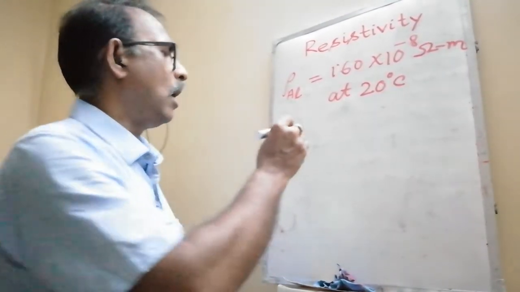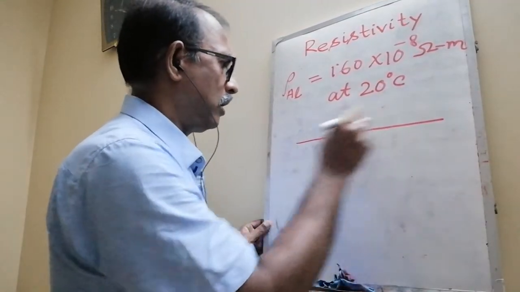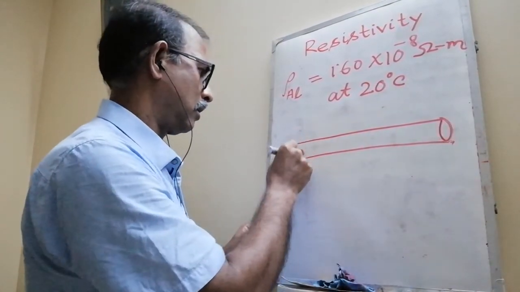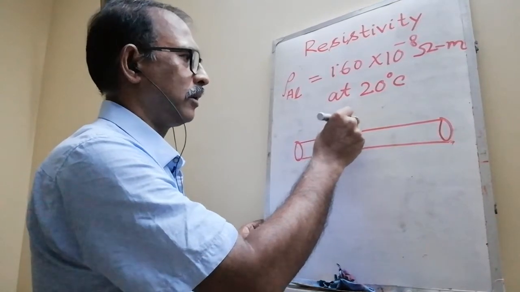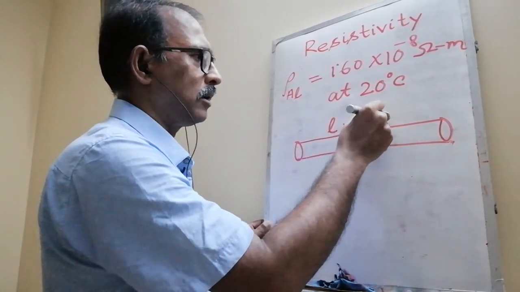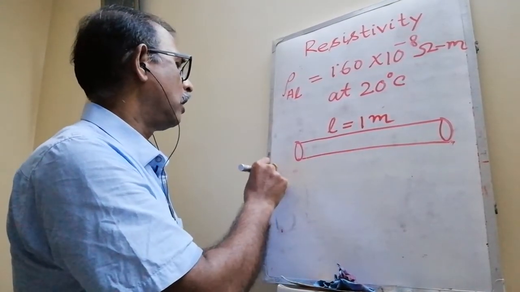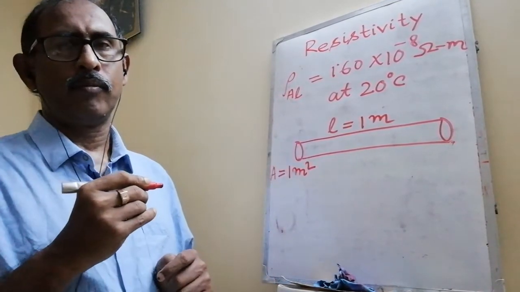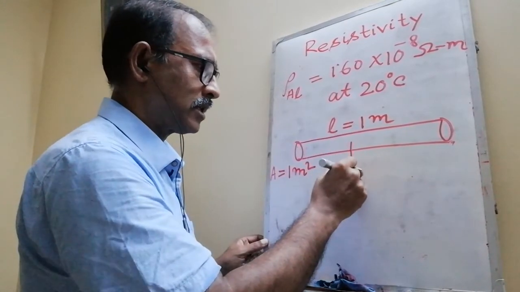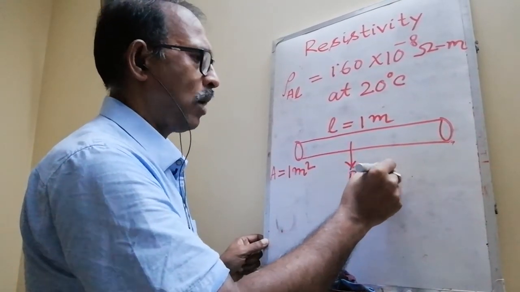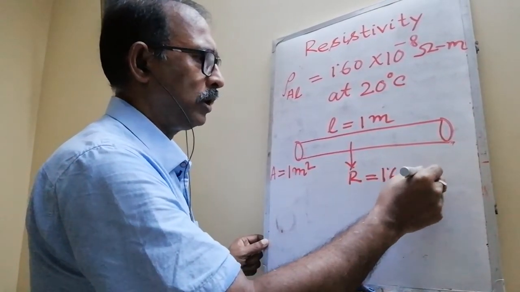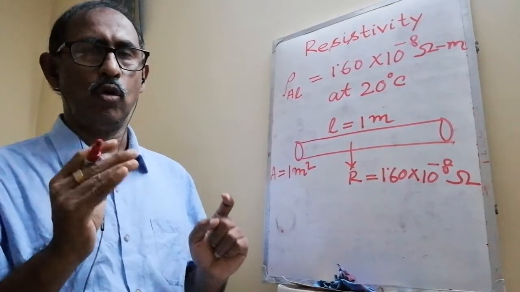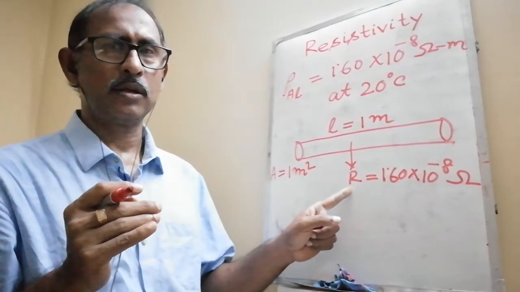It means an aluminium conductor having length 1 meter and cross section 1 meter square has resistance 1.60 into 10 to the power minus 8 ohm, not ohm meter, because it is a resistance.